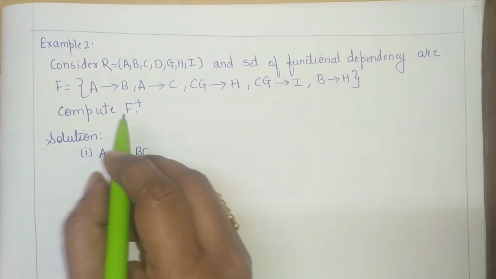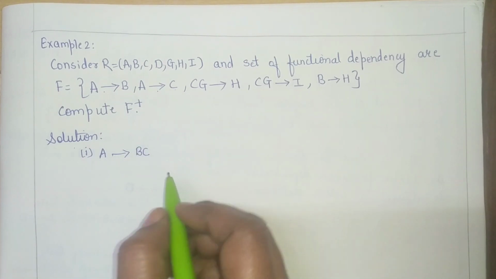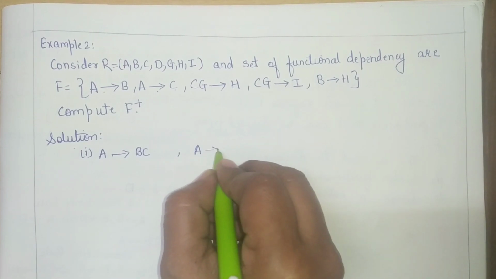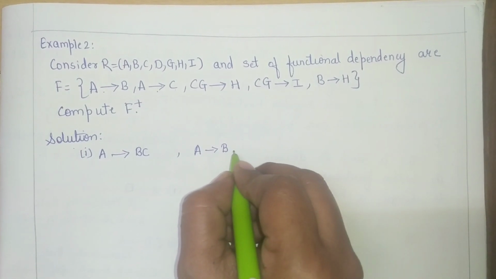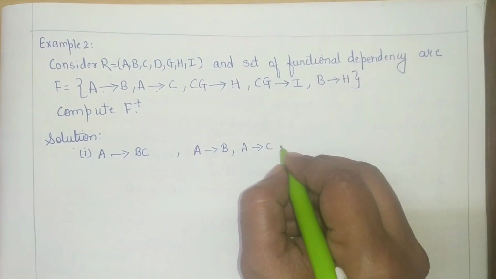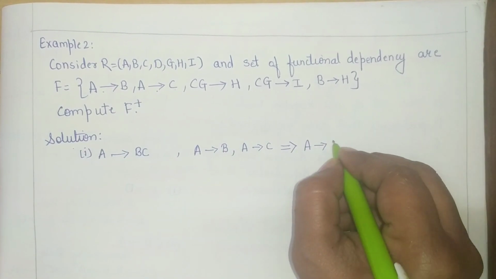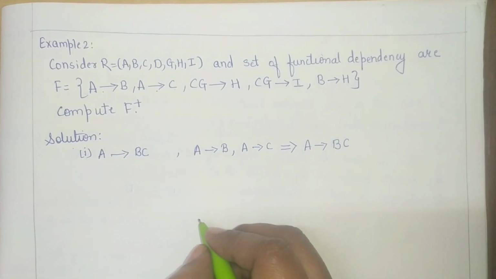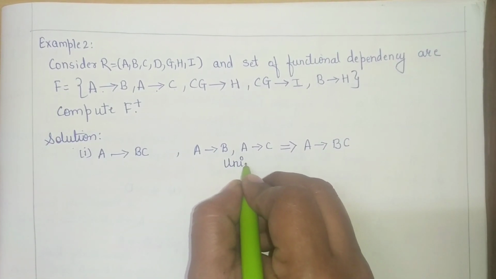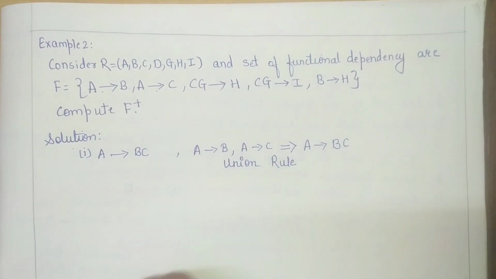We got this with the help of these two already given functional dependencies: A determines B and A determines C. This implies A determines BC. How did we achieve this? With the help of the union rule.